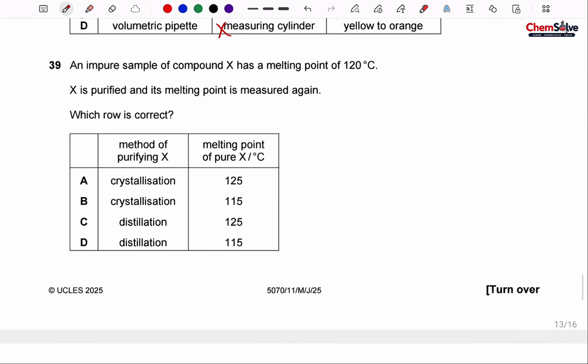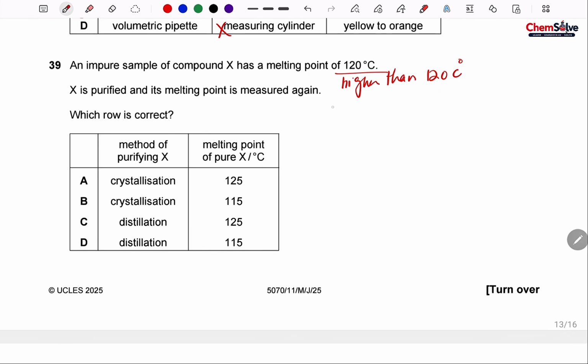Okay, question number 39. An impure sample of compound X has a melting point 120 degrees Celsius. X is purified and its melting point is measured again. It is impure, so the melting point of the pure one should be higher than 120 degrees Celsius. Why?